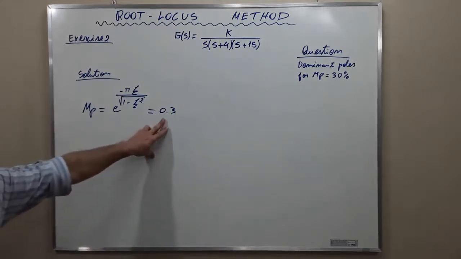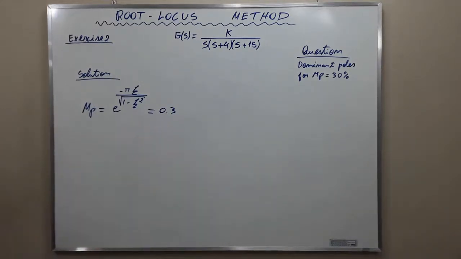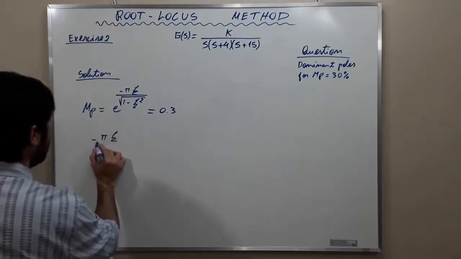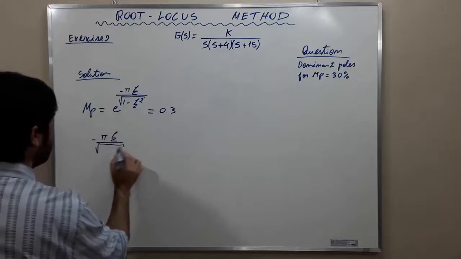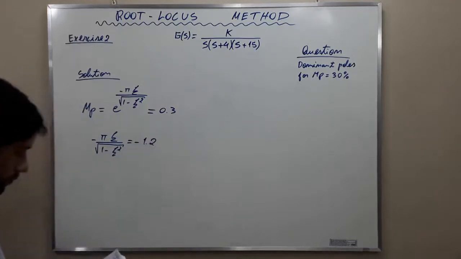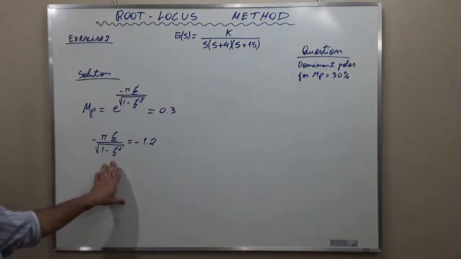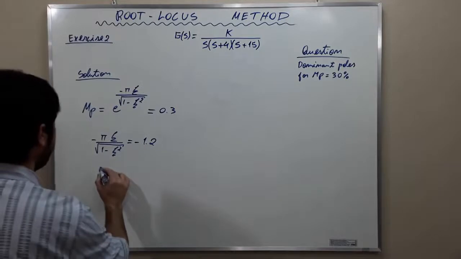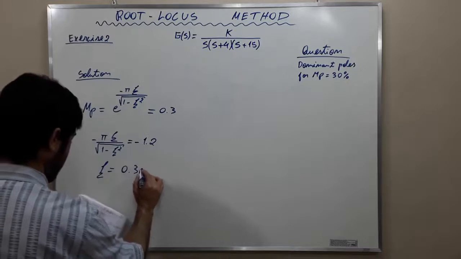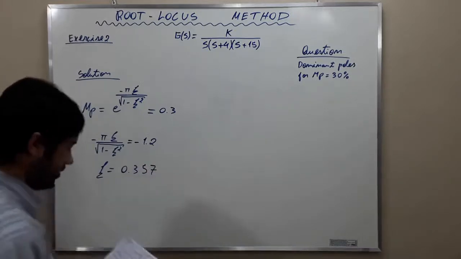We wish a maximum overshoot of 30%. And applying the natural logarithm to both sides, we get minus pi times zeta over the square root of 1 minus zeta squared is equal to minus 1.2. From this, we get that zeta is equal to 0.357.